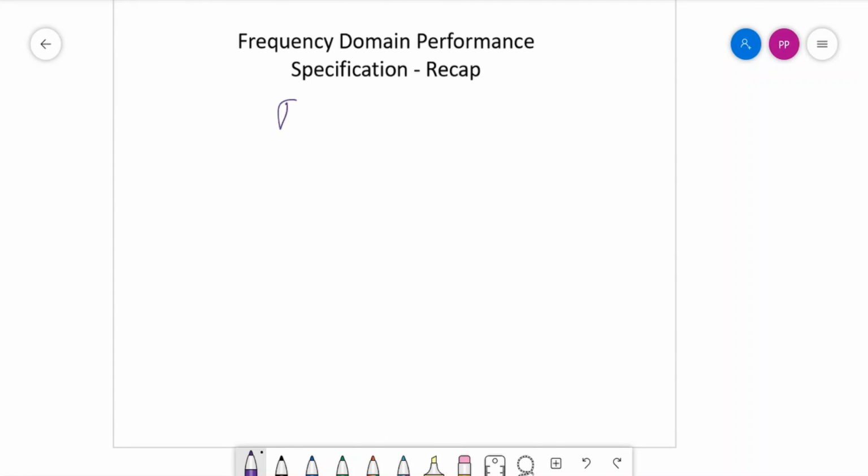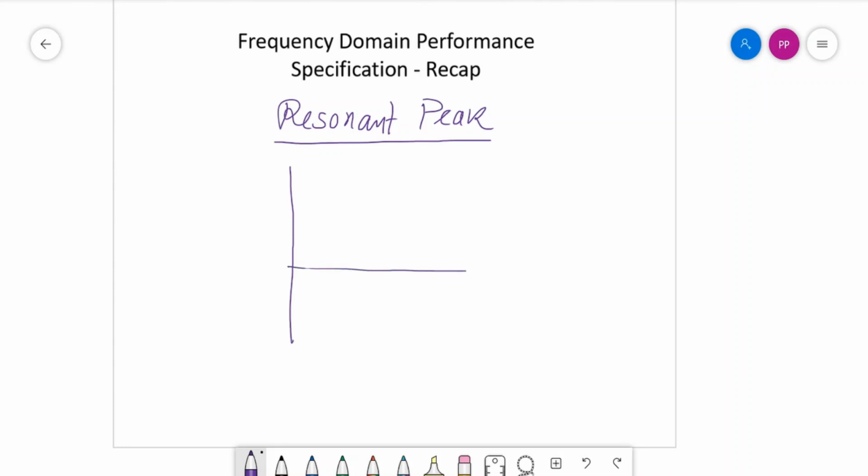So, resonant peak. We have studied control systems in the frequency domain, and if I speak about the Bode plot, we can say that a system which is higher than first order can be represented in a magnitude plot like this.